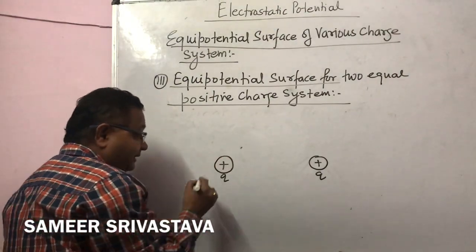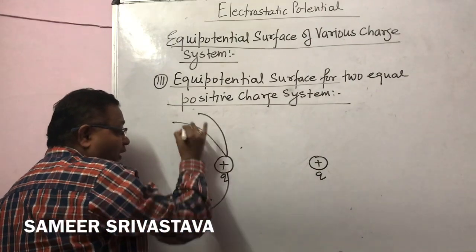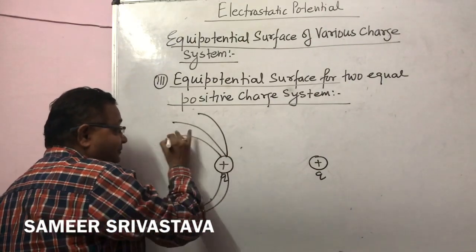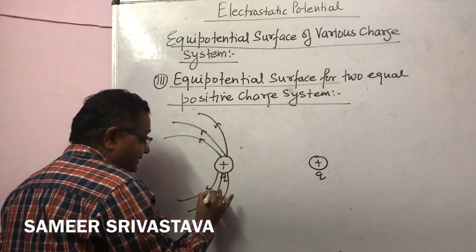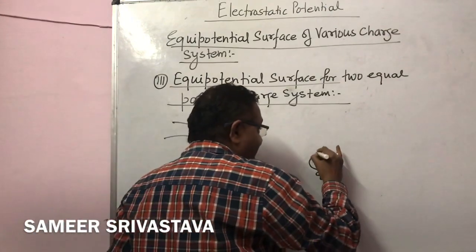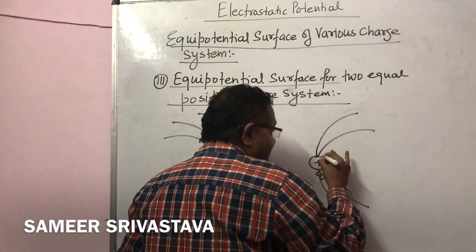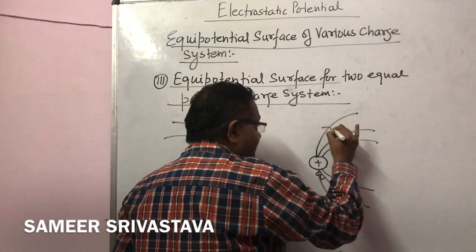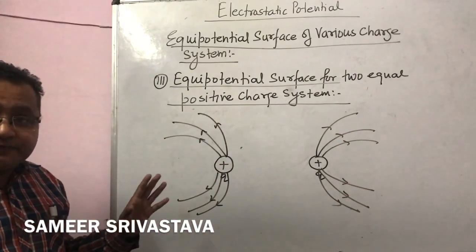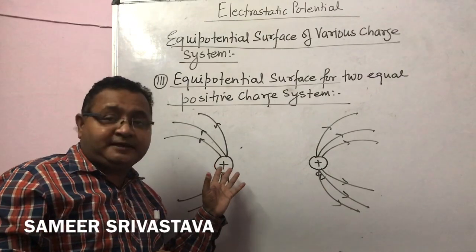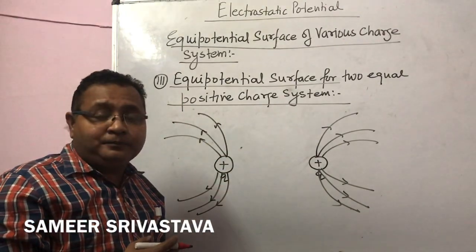The electric field lines are outward, like this. As we know, positive charges always generate outward electric field lines.